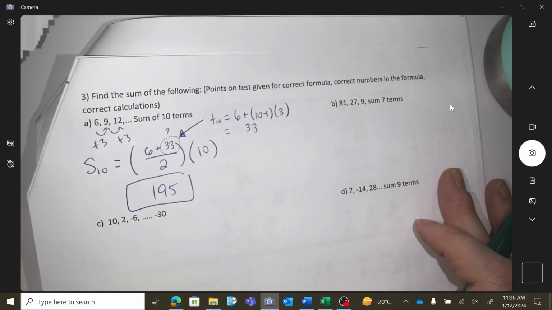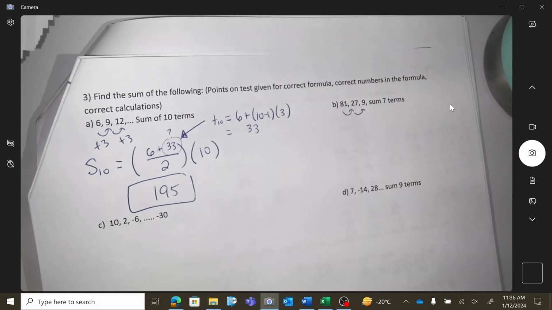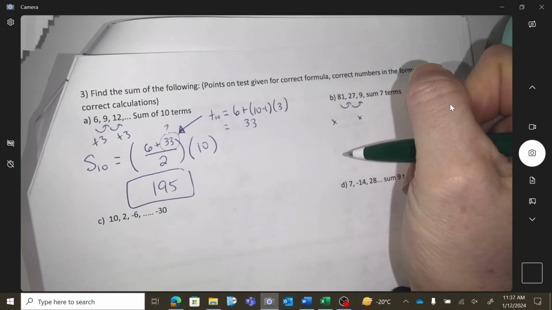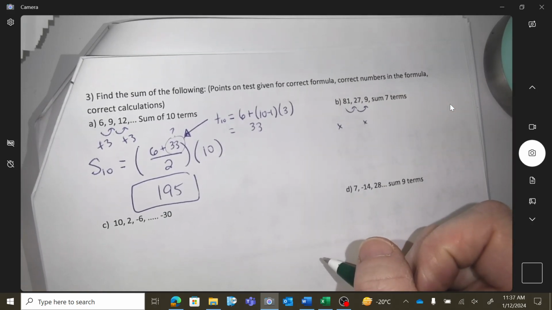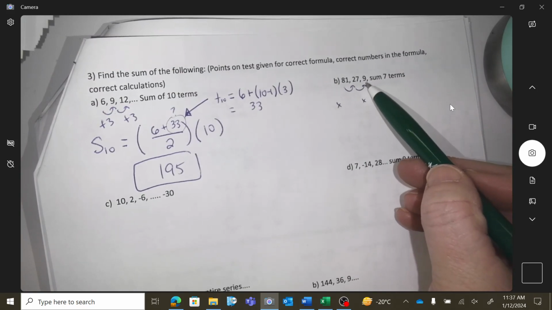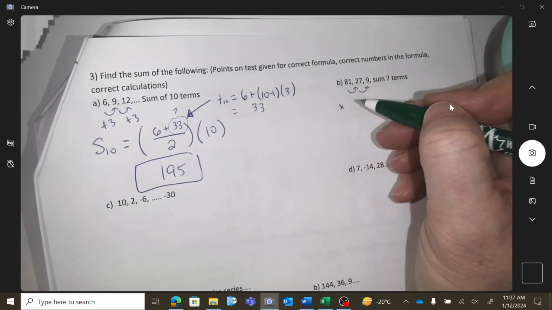Okay, B. Anybody figure out a pattern to this one? Are you doing something add or are you doing something times? I can tell you it's not adding. You're not doing the same amount. So it's a times. Okay, I'm getting smaller, so it's a fraction. Can you do 9 divided by 27 or 27 divided by 81?